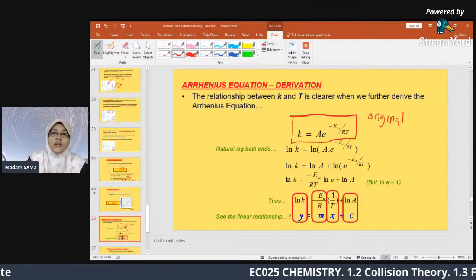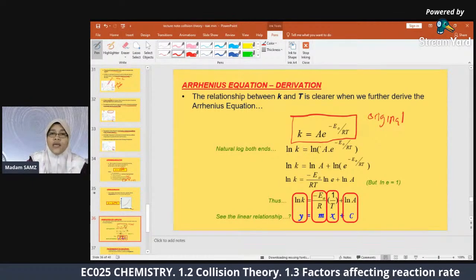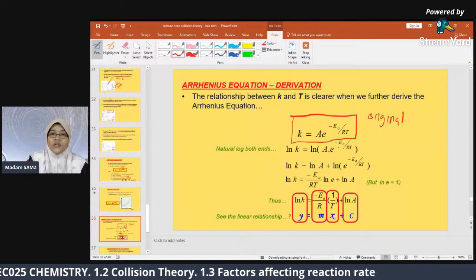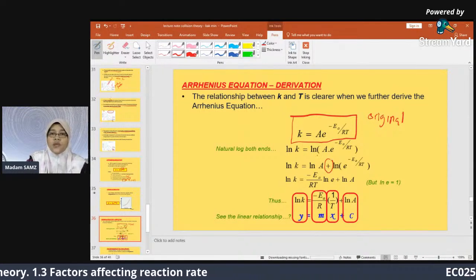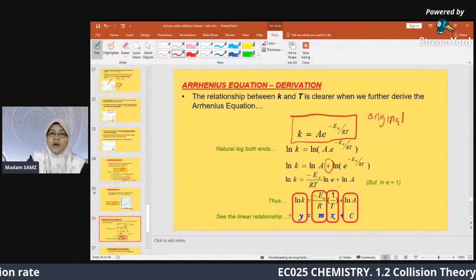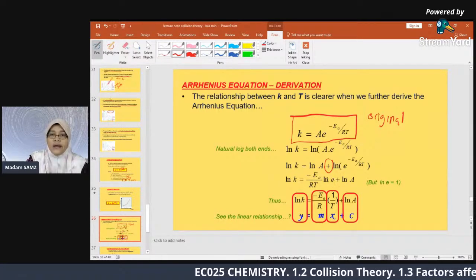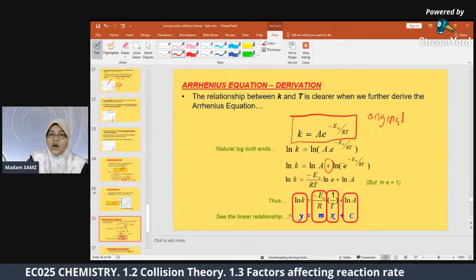So when we learn, okay, left and right equation, ln k, ln A in a bracket. Okay, so bila ln darab dia jadi tambah. ln A tambah ln e negatif Ea over RT. Kemudian ln e actually 1. Okay, ln e actually 1.